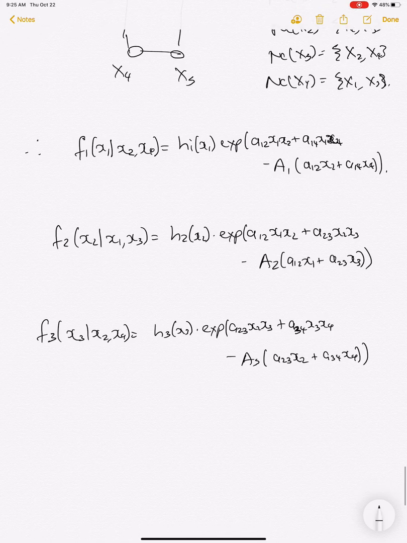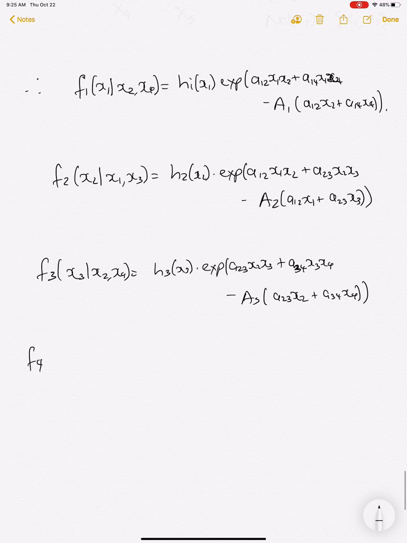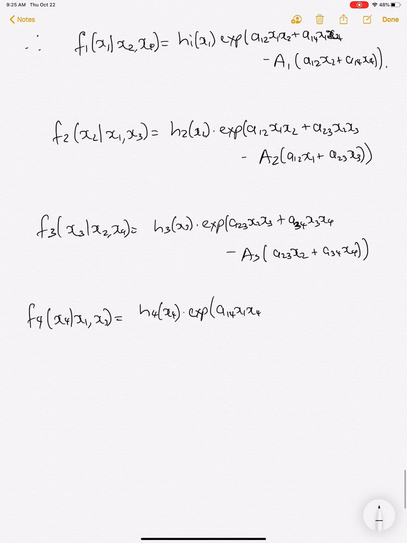And then finally, f4 of x4 given x1, x3 is h4 of x4 times exponential of a14 x1 x4 plus a34 x3 x4, and then minus A4 of a14 x1 plus a34 x3.